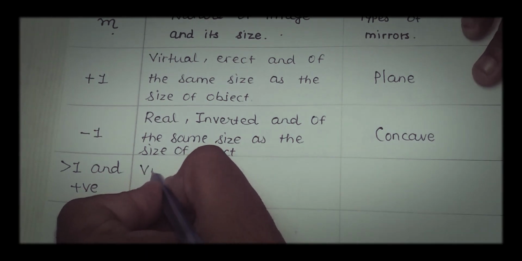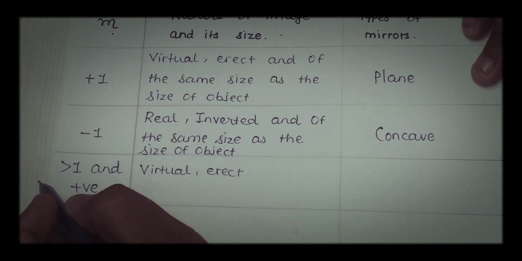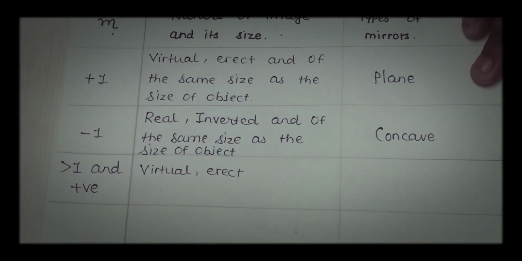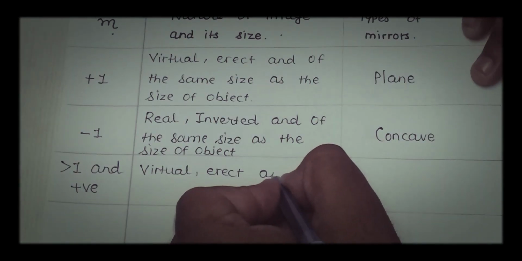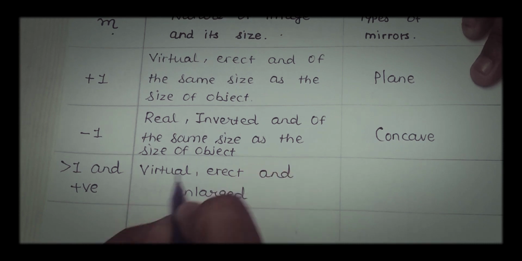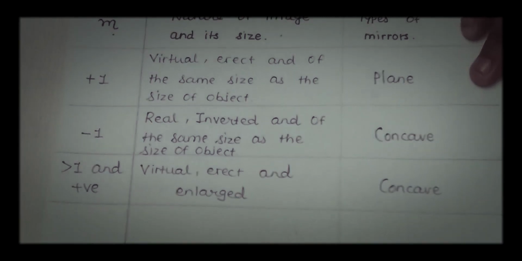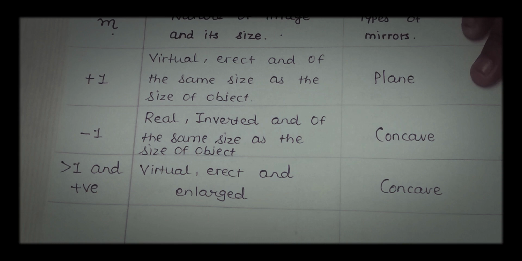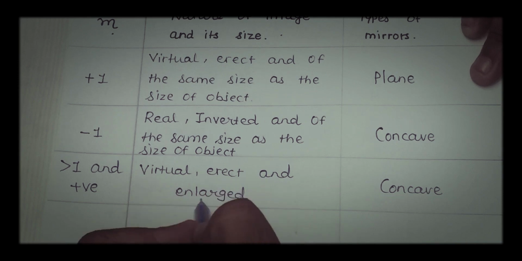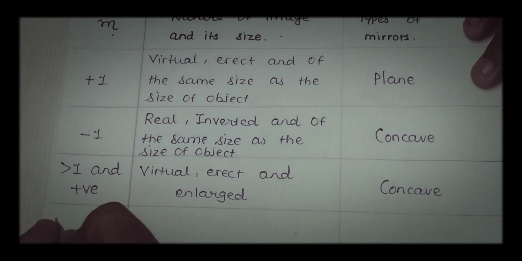It means the nature is virtual and erect. And since the value is greater than 1, our image is also enlarged. It means virtual, erect and enlarged. The type of mirror is concave. When we put the object between P and F, we get a virtual, erect and enlarged image in the concave mirror case.